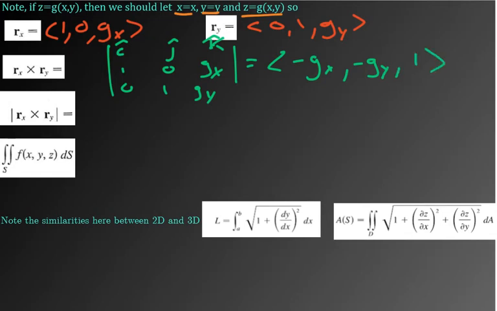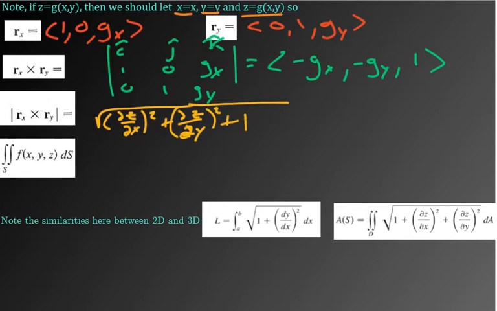And so the magnitude, right, is actually something that kind of looks familiar. It's just the partial of z with respect to x squared plus the partial of z with respect to y squared, plus 1. And this should look pretty similar because if we again had the function be just a 1, right, then the double integral where this is a 1, this is exactly how you compute surface area, right?